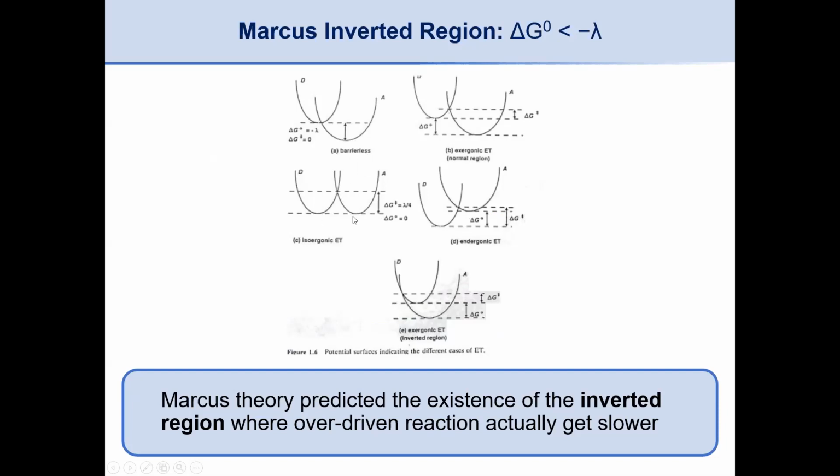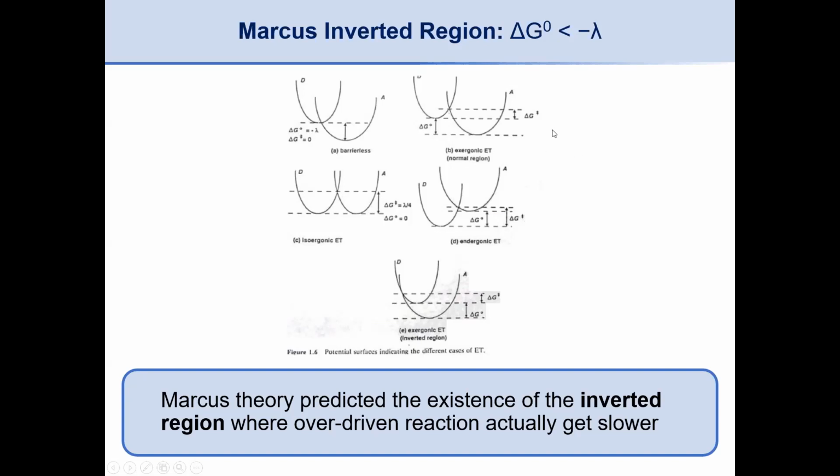So if you were to draw a line from here up to where this parabola crosses that nuclear coordinate, that length would represent lambda. So here, delta G double dagger is equal to lambda over 4, and here delta G naught is equal to minus lambda.